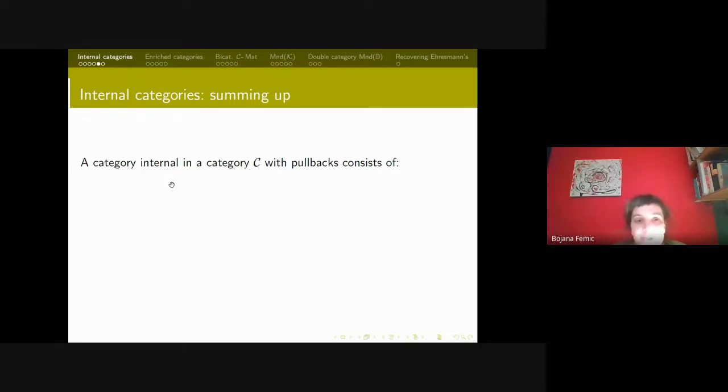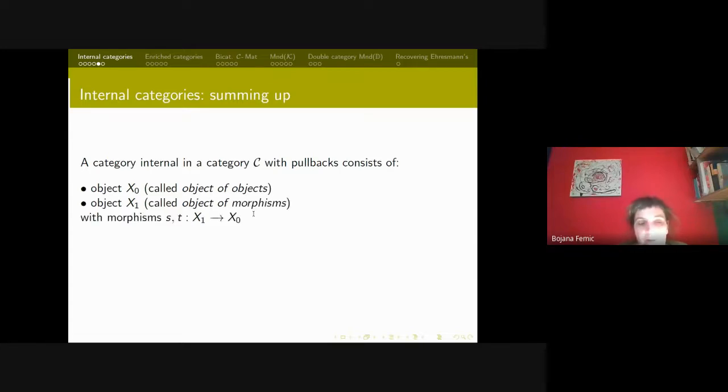A category internal in a category C with pullbacks consists of, firstly, an object x0, which one calls the object of objects. Then at the next step, we took another object x1, which is called the object of morphisms, and we also took two morphisms, one S, another T, from x1 to x0. These morphisms will be called source and target, and they go from the object of morphisms to the object of objects.